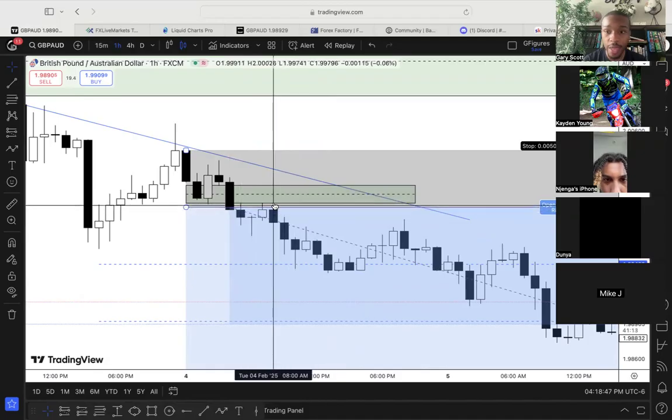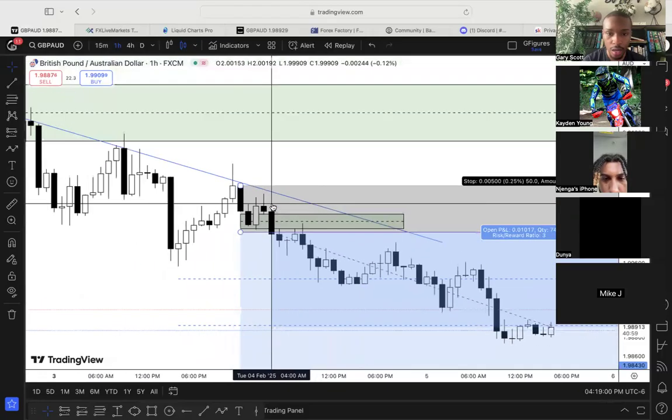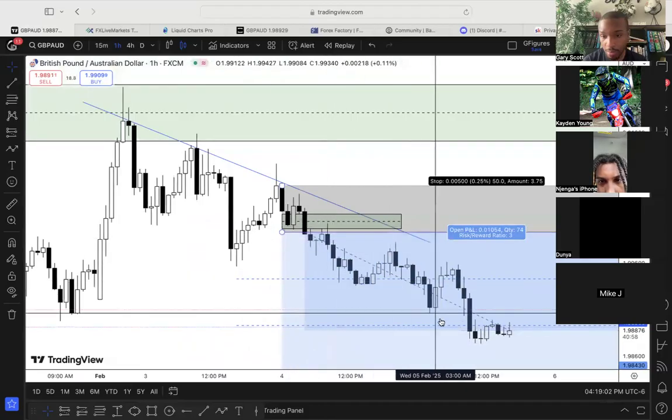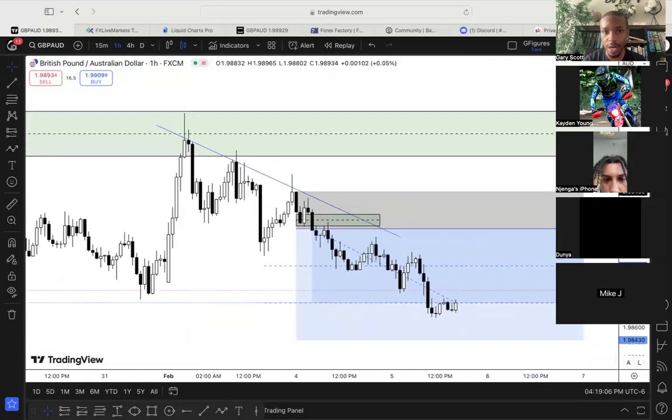All I needed to see from that point on is price reject off of this level. And I got the rejection that I wanted, and we caught our entry directly off of a fair value gap zone. And then that's when we took the trade down to the downside for 100 pips. All right, everybody see that?